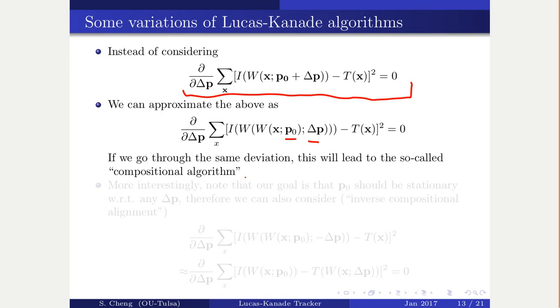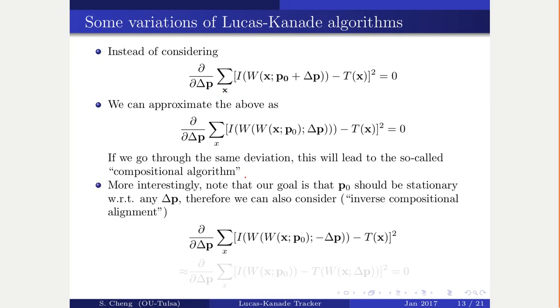But this is not our end goal, basically. Our end goal is to derive another algorithm that is even nicer. So more interestingly, we'll just modify this equation a little bit. Because this delta p is essentially just a dummy variable, we'll consider minus delta p instead.